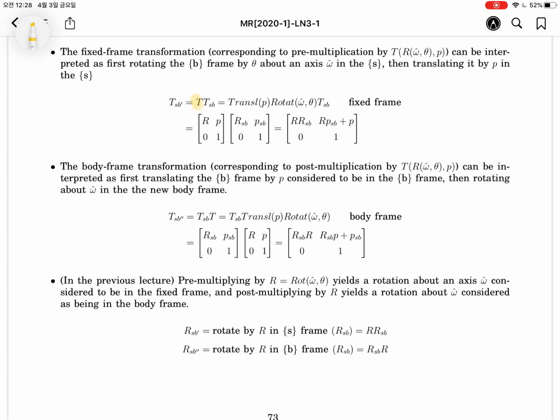If we multiply the transformation matrix T in front side, it corresponds to the pre-multiplication by the T matrix. In this case, the transformation acts like translation and rotation, so we will extend the function of the T matrix using the SE3 region.